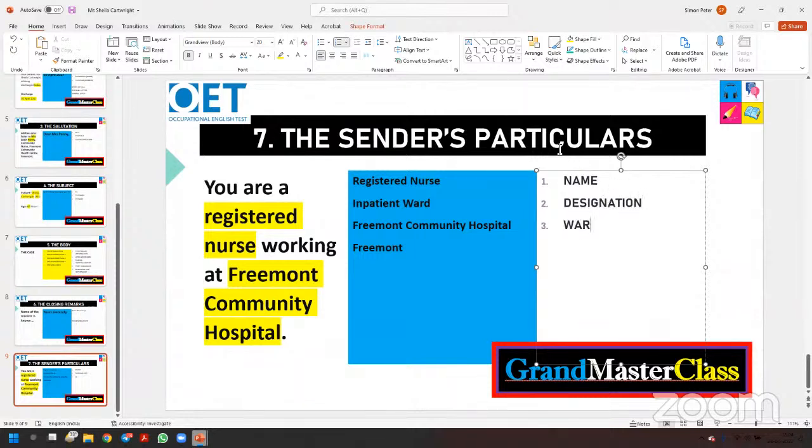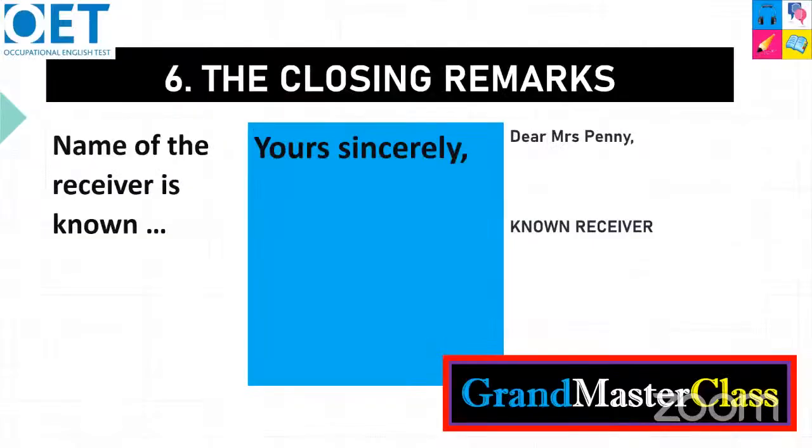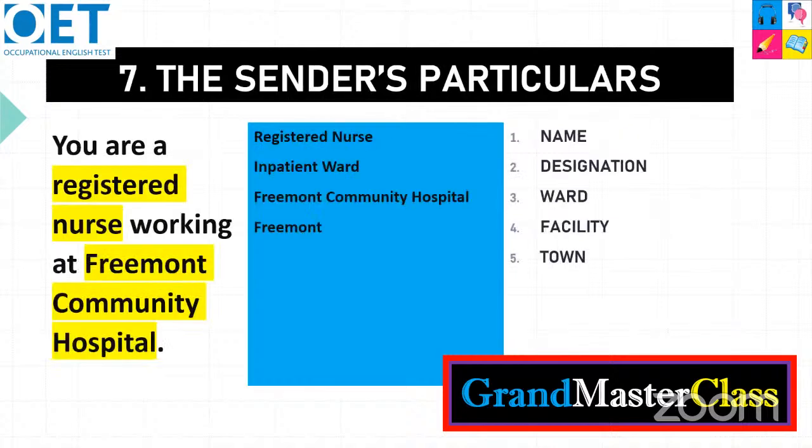Then ward, then facility or hospital, whatever it is. Then town or city. So accordingly you can manage. So this is how it goes: name, designation, ward, facility, and town.